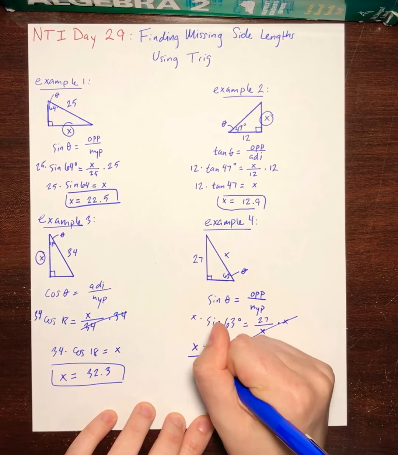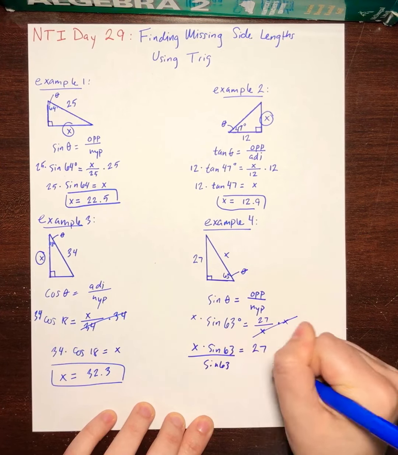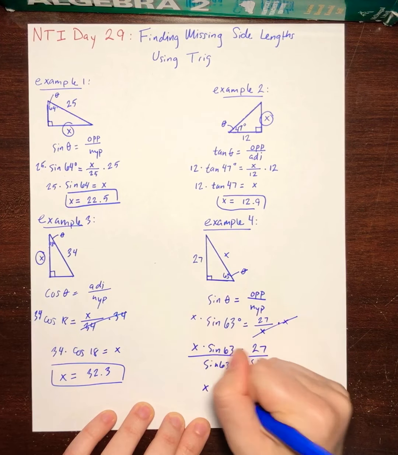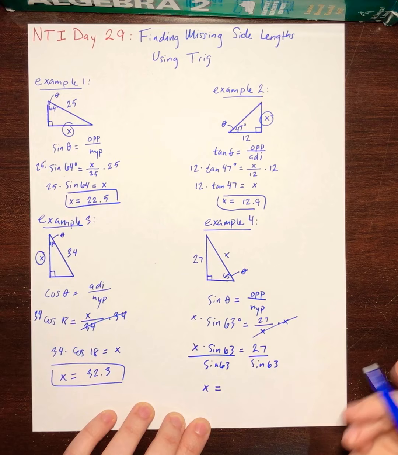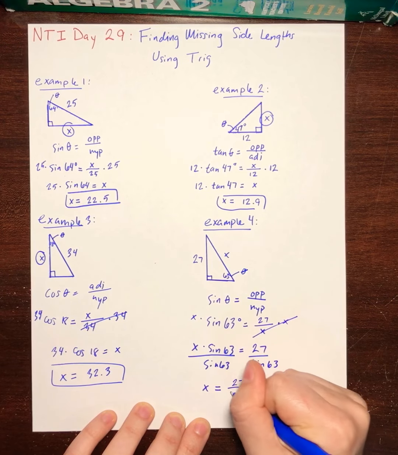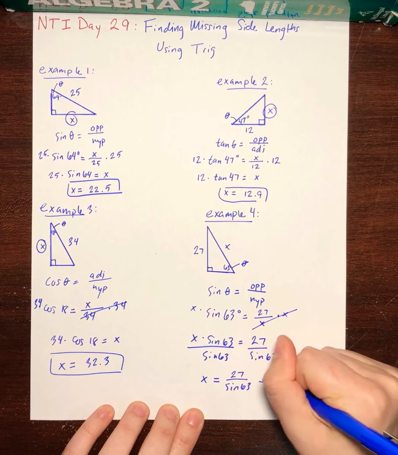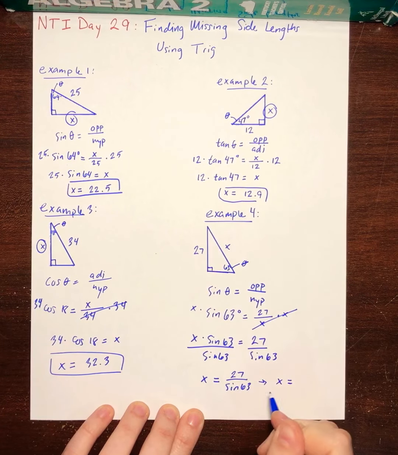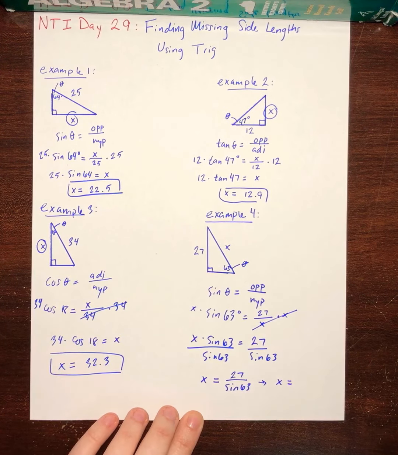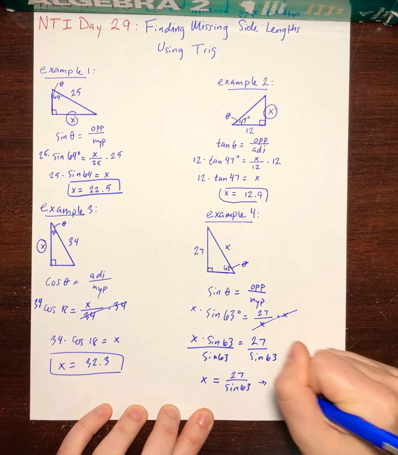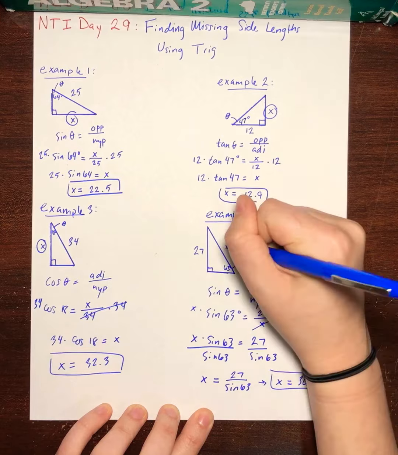So I'm going to divide by sine of 63 on both sides. So that'll give us x equals 27 over sine of 63. And then again, just type that into a calculator on your phone, on Google, wherever. And it should give you 30.3 as your answer for that side length.